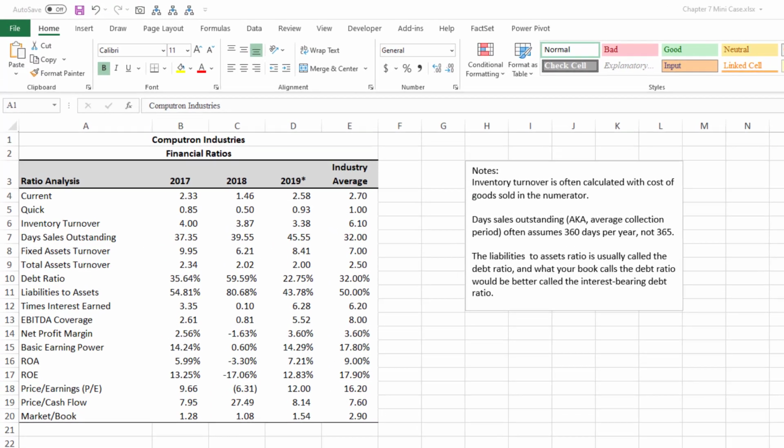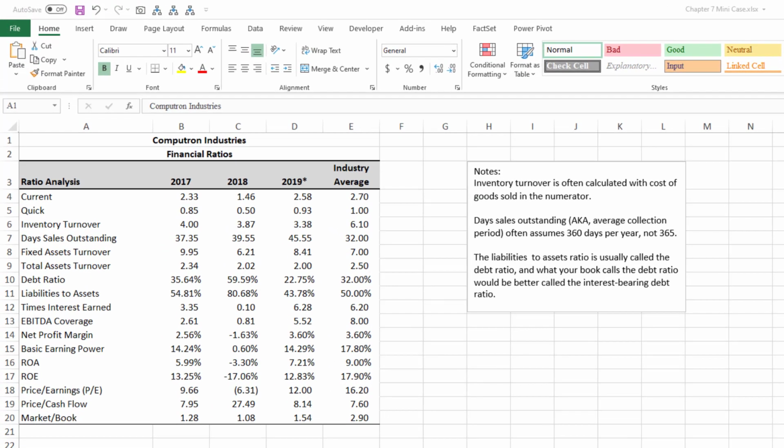Up at the top, you can see that I have all of the ratios that they gave us in the textbook, and I've calculated them for 2017, 2018, and 2019. I can't calculate the industry average, so I've just taken what they've given us there. But you can work through this and see exactly how each of these ratios was calculated.